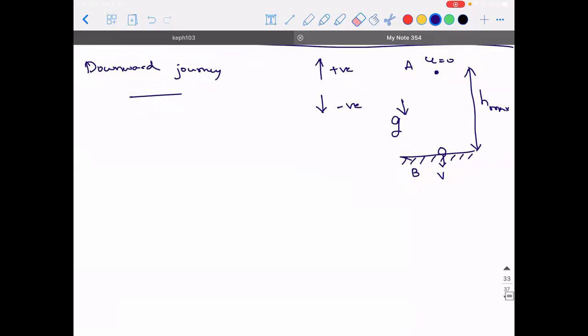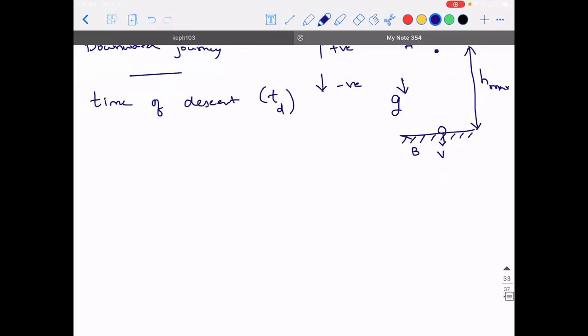Now tell me, what is going to be the time of descent? So time of descent is written as t with the suffix d. What is td?